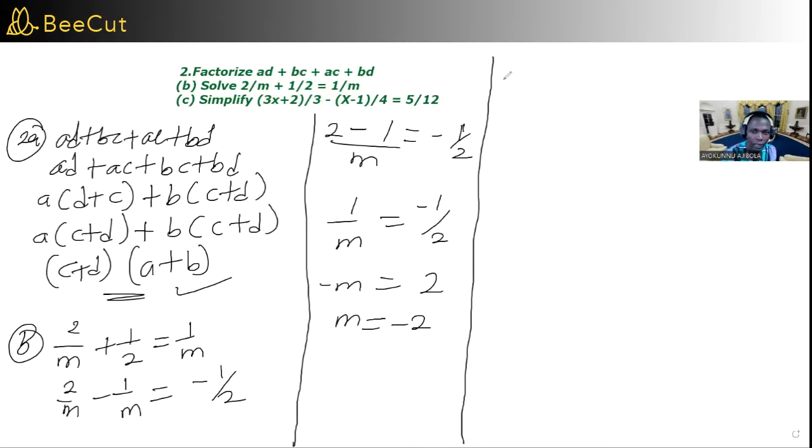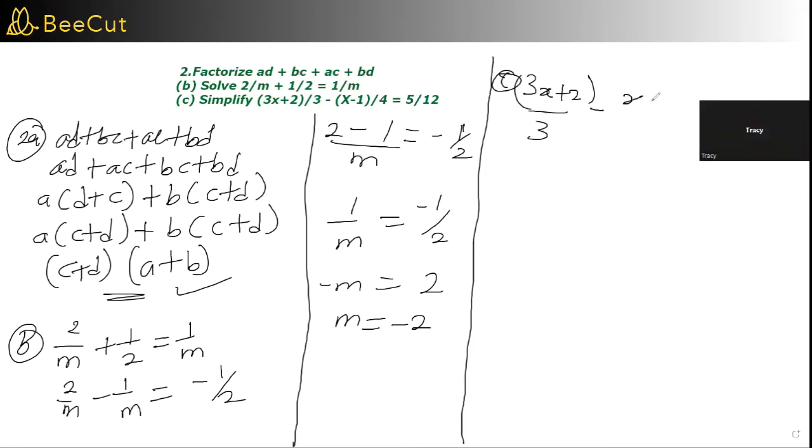We have to simplify 3x plus 2 over 3 minus x minus 1 over 4 equals 5 over 12.